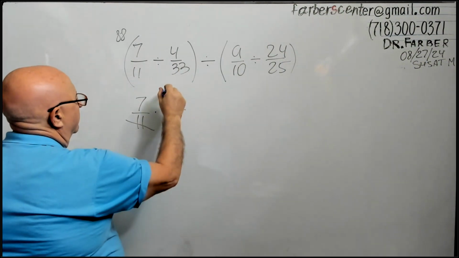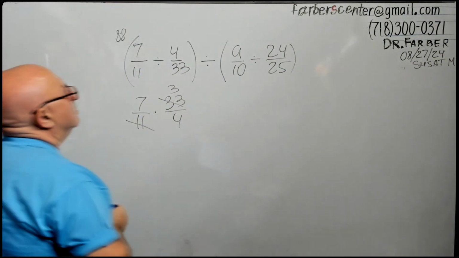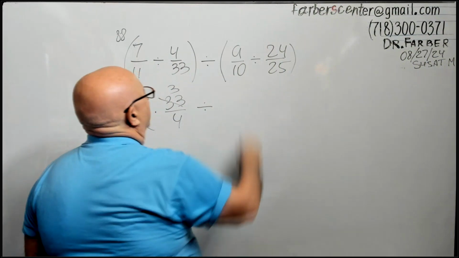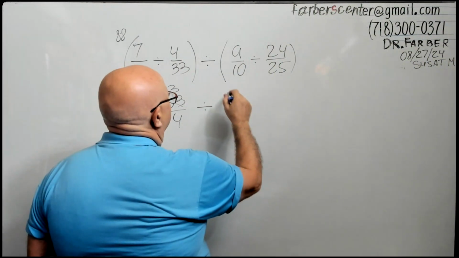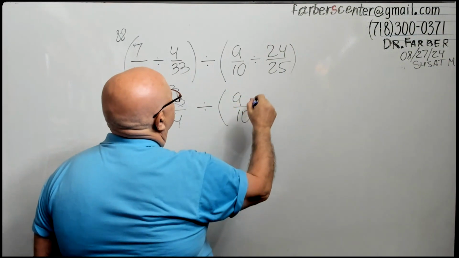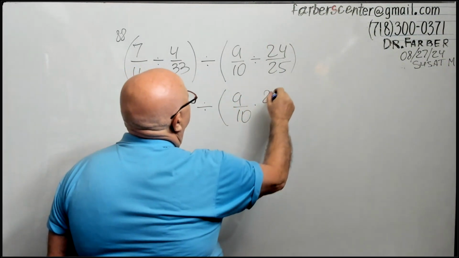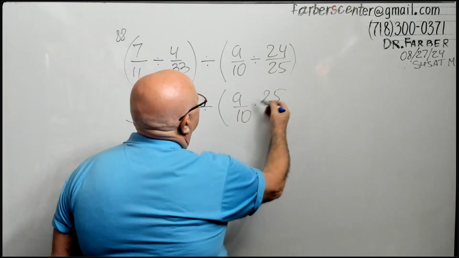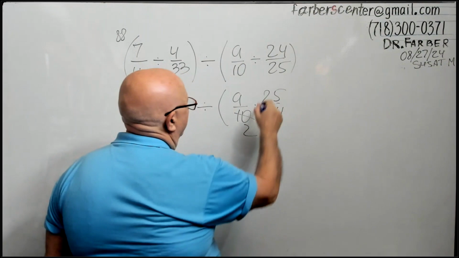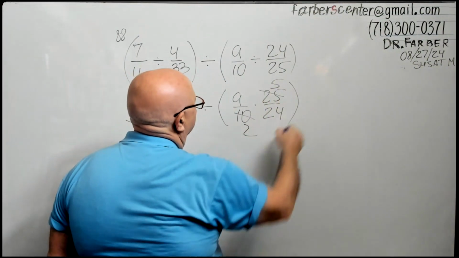11 goes into 33 three times. Divide. Next parenthesis, right? PEMDAS rule. 9 over 10, keep it like it is. Change to multiplication, 25 over 24. By 5, this is 2, and this is 5.